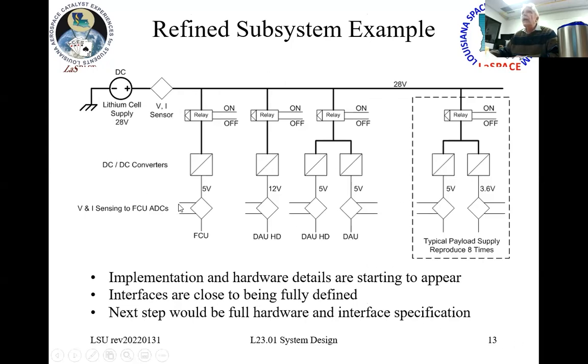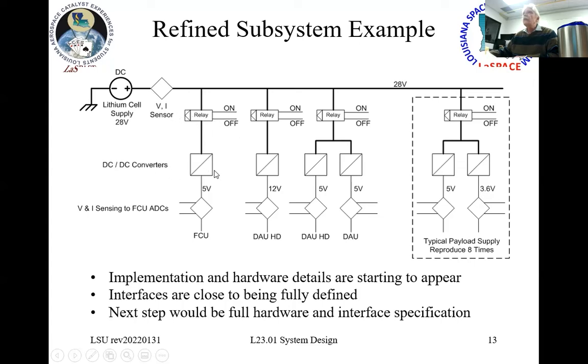So here is in fact that FCU. We've identified that this battery is a lithium cell battery of 28 volts. On this 28 volt bus, we have voltage and current sensing. We still haven't identified exactly what that is, but we know that's going to be there. We've got a relay for on/off.